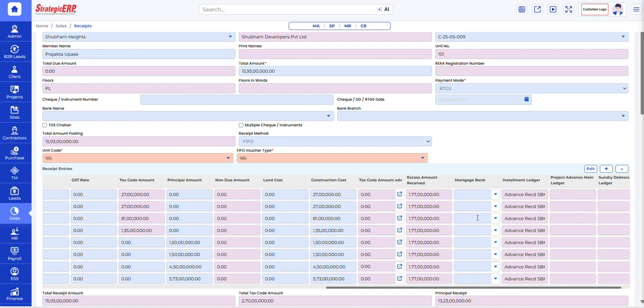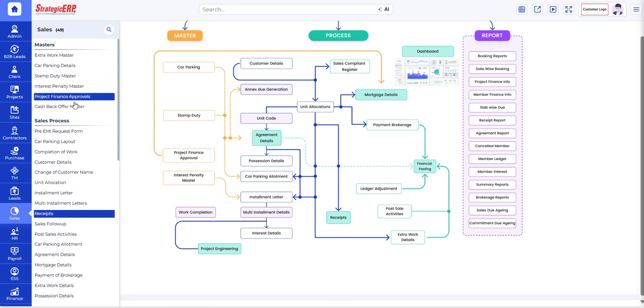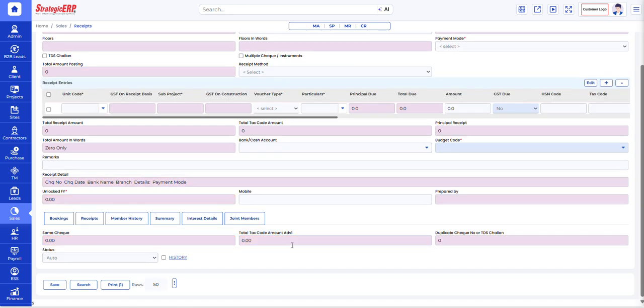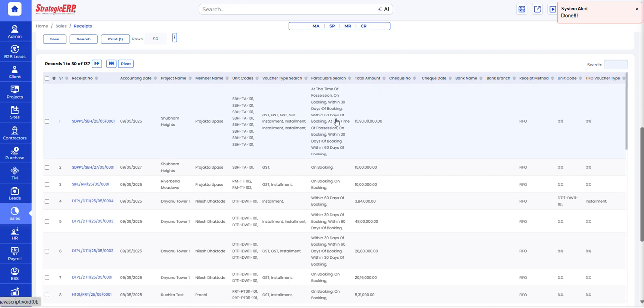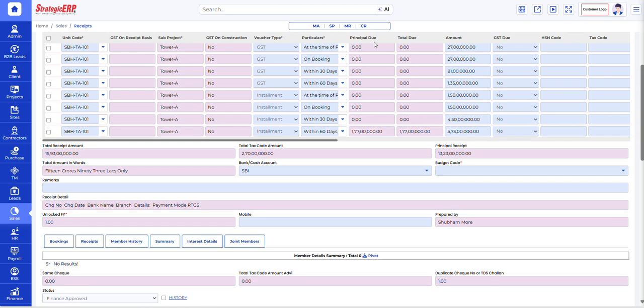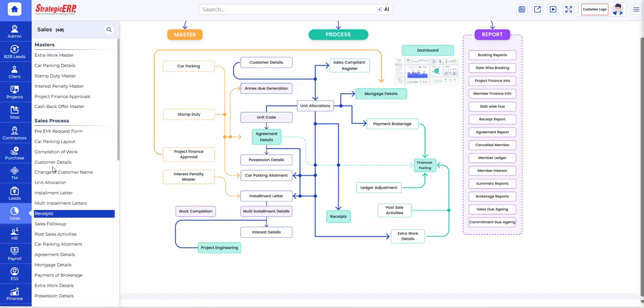As I told you, we have initially connected with the project financial approvals, meaning there are banks connected to your projects, and customers connected to the mortgage aspect. When the system generates a demand letter for the installment letters or multi installment letters, it generates one copy to the customer and another copy to the bank, because they have received an NOC from the bank.